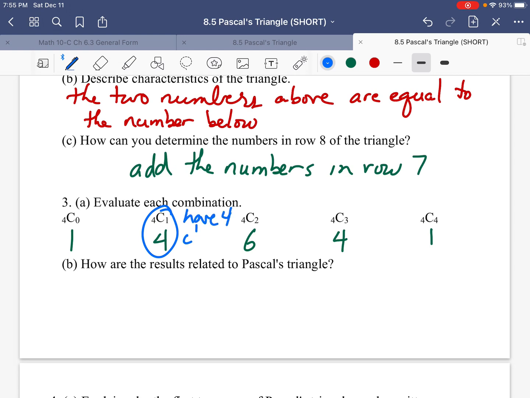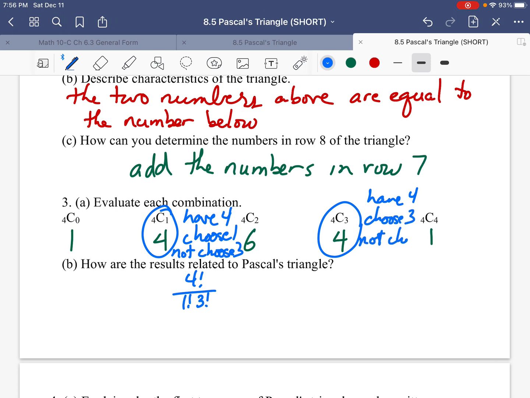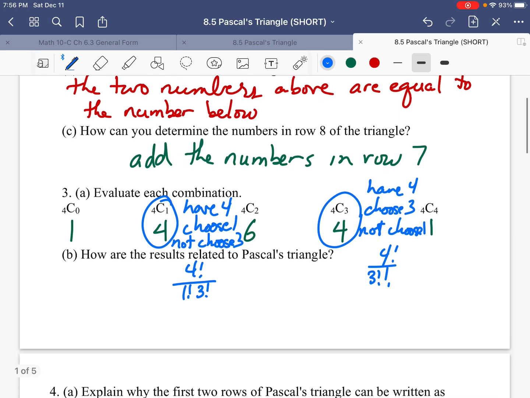First, like 4C1, you have 4 choose 1, not choose 3, or 4 factorial over 1 factorial, 3 factorial. And 4C3, you have 4 choose 3, not choose 1, or 4 factorial over 3 factorial, 1 factorial.